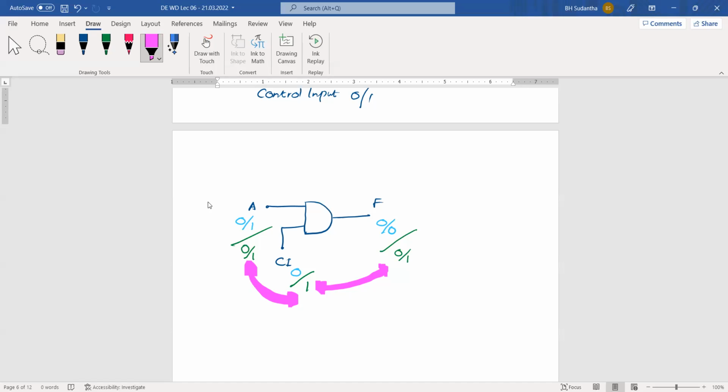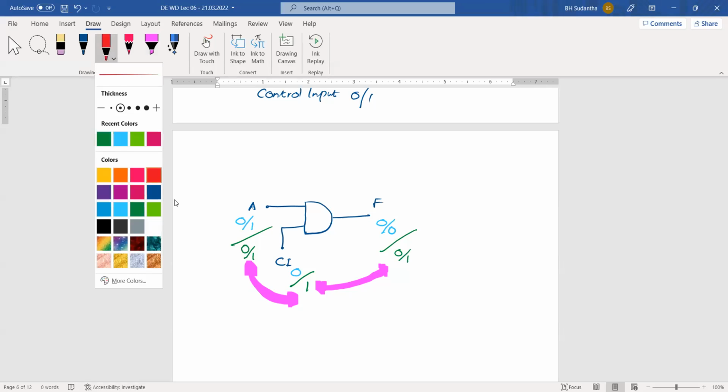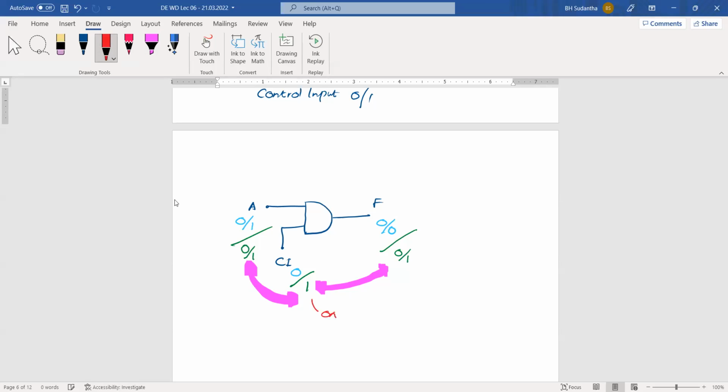Then we consider this a kind of electronic switch. This is switch on and this is switch off.